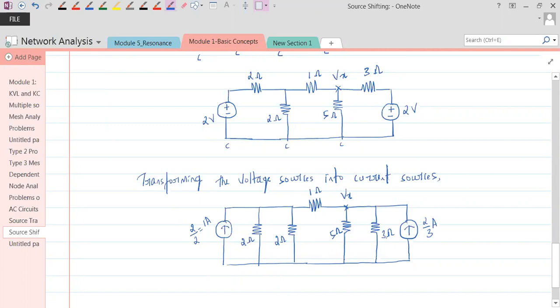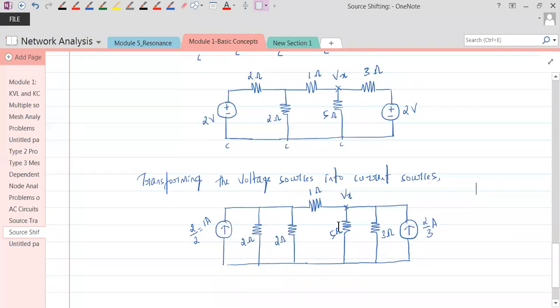Everybody understand that? Now, this 2 ohms and these 2 ohms are in parallel. You can combine these two because they are in parallel. But you cannot combine 5 and 3. Though they are in parallel, we cannot combine that in this particular problem. Why is it? That is because we are asked to find out Vx.